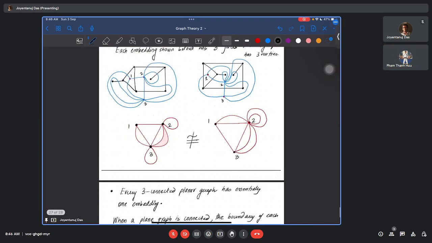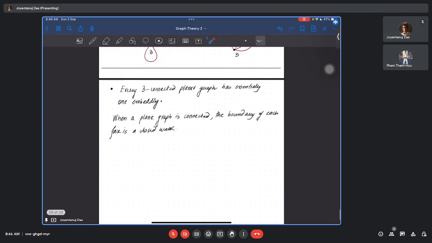So for example, this is a face. Then if I see the boundary, so this one is a boundary, right? So boundary of the face. So this is a closed walk, right? Or we can use this edge also. If we walk, we can repeat, right? So this one is also a closed walk, right? So that is what it is saying.